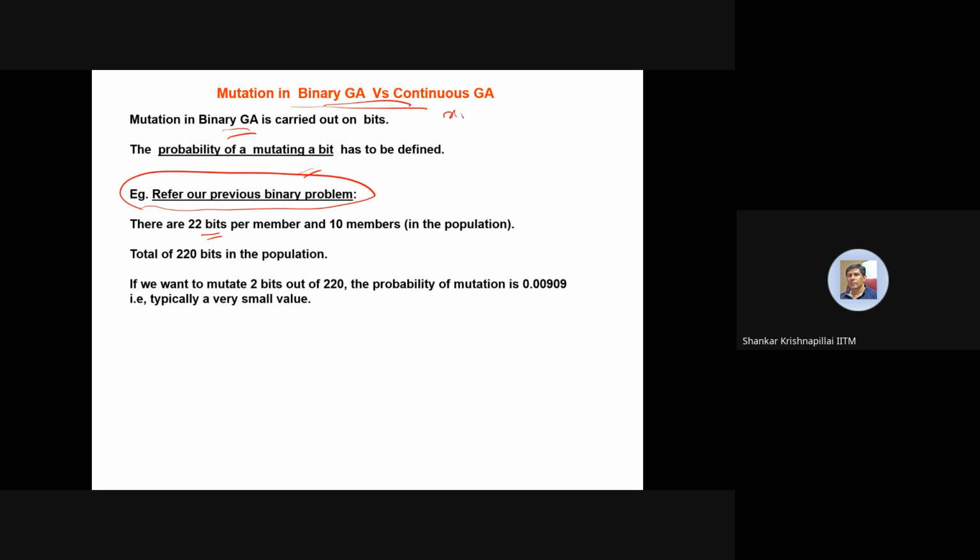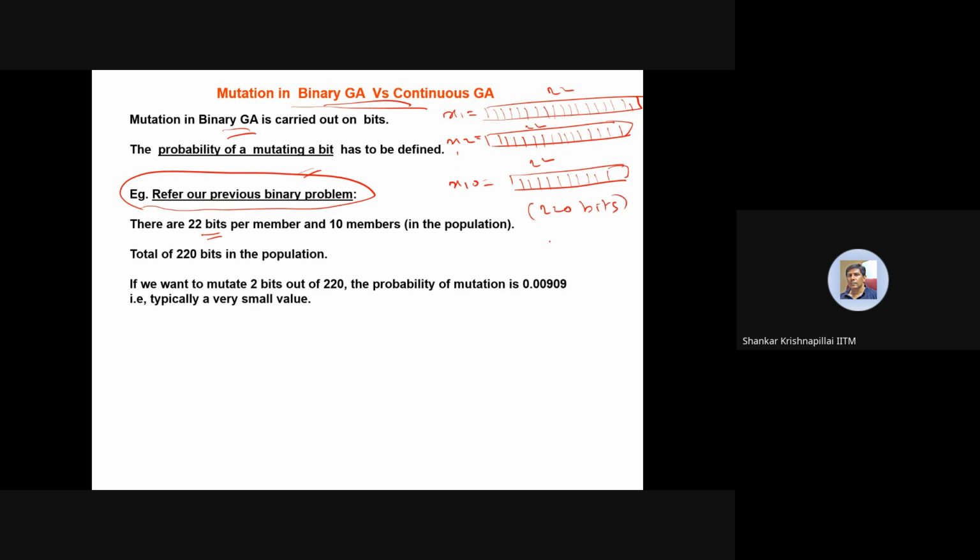X1 is 22 bits like this, X2 is 22 bits like this, similarly X10 is 22 bits. So 22 bits, 22 bits, 22 bits: 220 bits are there in the population.